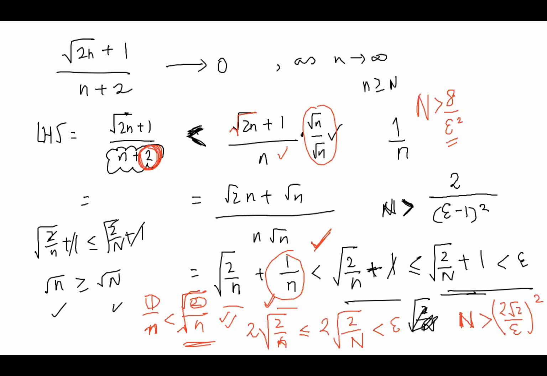So there are many possibilities. As long as you got until this part, there are many other possibilities to show. Is it clear to everyone how you can solve this problem? Okay for everyone.